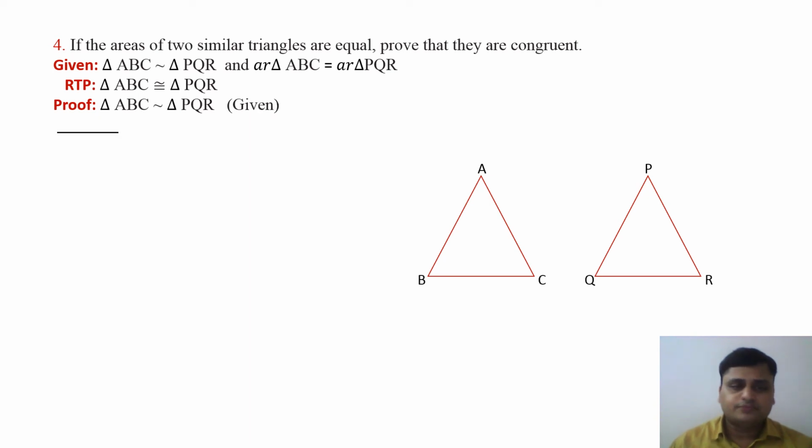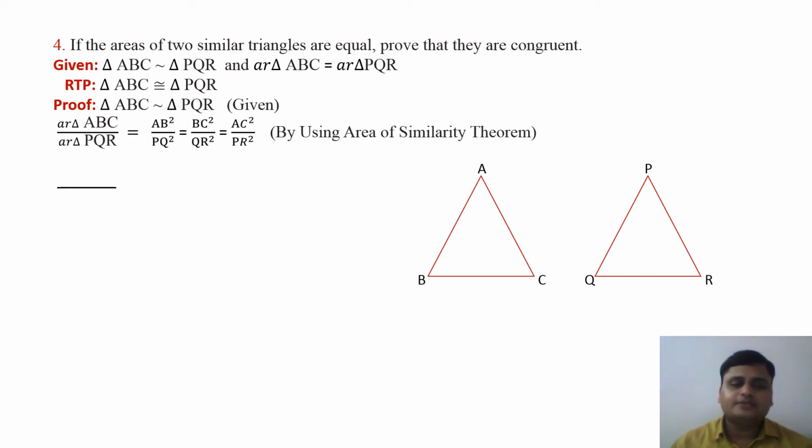This is given. It means that area of triangle ABC by area of triangle PQR is equal to AB square by PQ square, is equal to AC square by PR square and BC square by QR square. This we use by the theorem of similarity.